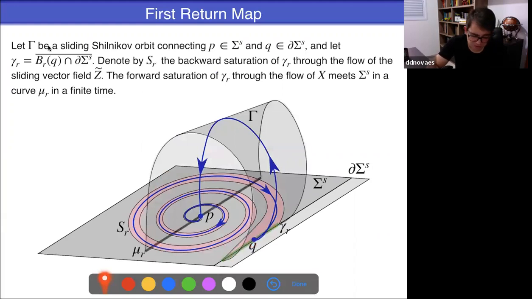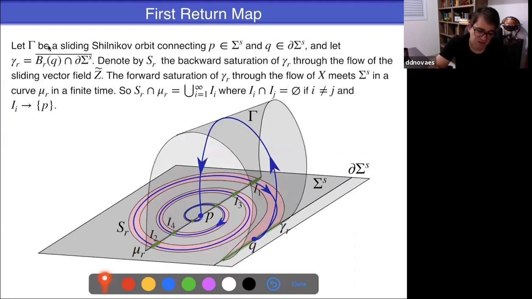It will reach the sliding region in a curve that we call mu r. So as we can see here, this curve intersects the saturation that we call SR infinitely many times. Okay, so for each intersection we give a name of E1, E2, and so on. The properties we have here is that all these segments are disjoint from each other, and they converge to P as i increases.